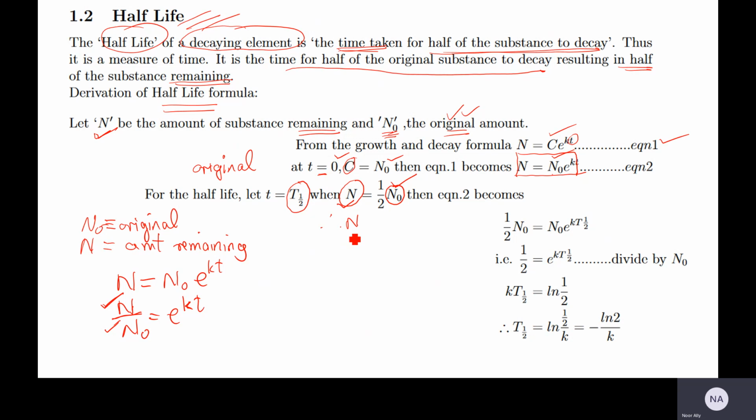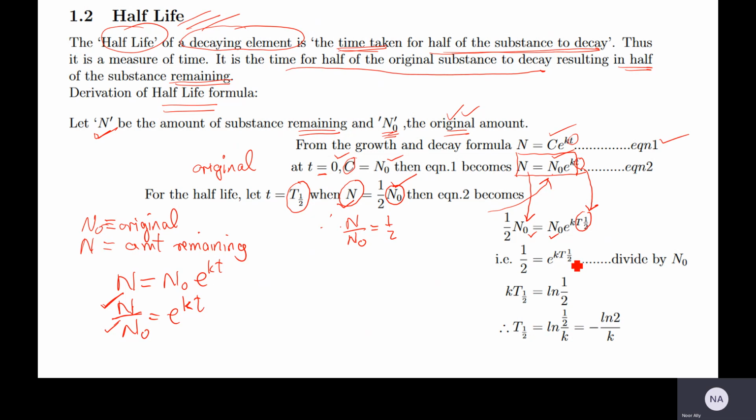Therefore, N over N0 must be equal to a half. And that's what we substituted into this equation. N is a half of the original amount. The N0s cancel. I'm left with a half equals e to the power k t half. In other words, that t over there is specifically for the half-life.